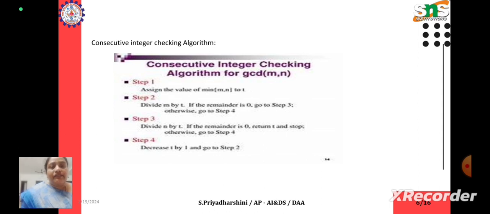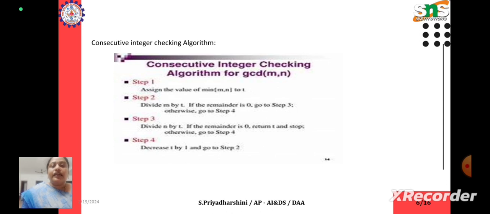Step 3: divide n by t. If the remainder is 0, return t and stop. Otherwise, move to step 4. Step 4: decrement t by 1 and then go to step 2. So this is the consecutive integer checking algorithm.